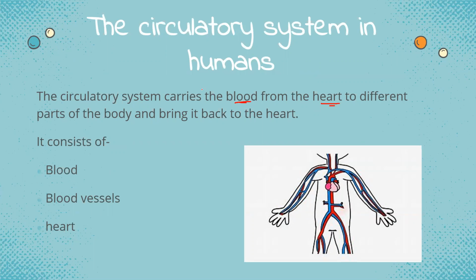So the circulatory system carries blood from the heart to different parts of the body and then again back to the heart. It consists of blood, blood vessels, and heart. We are basically going to study blood in this video.